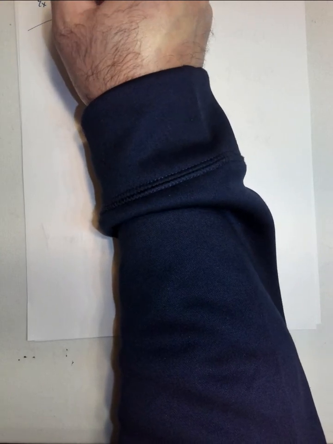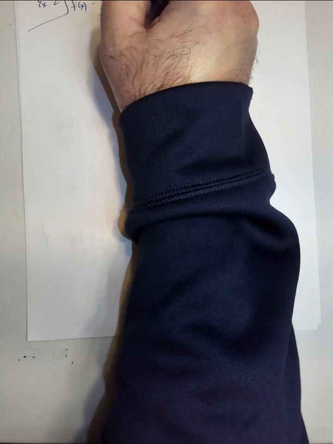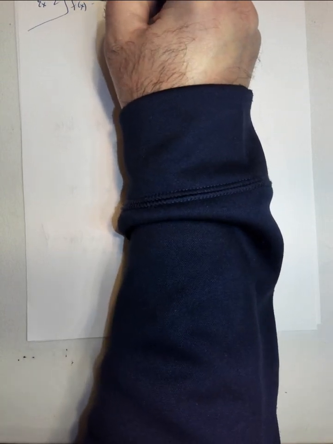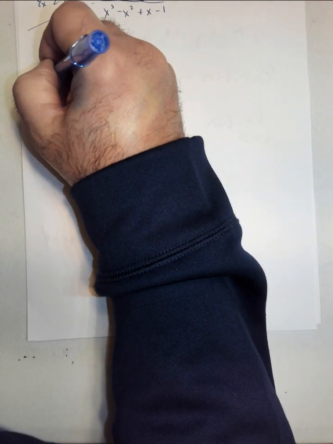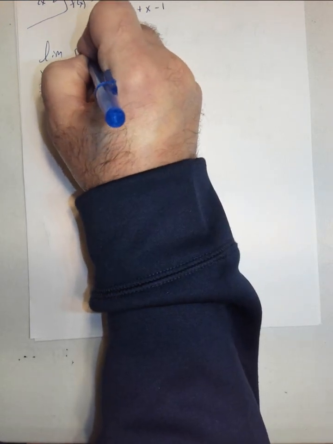Say we get f of x equals x minus 1 over x cubed minus x squared plus x minus 1, and we're looking for the limit as x approaches 1 of f of x.